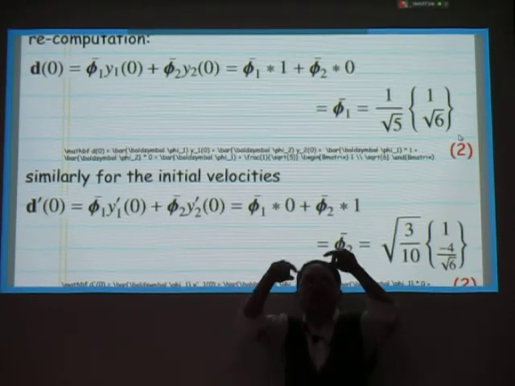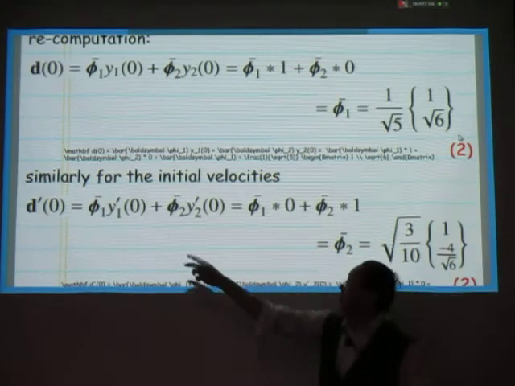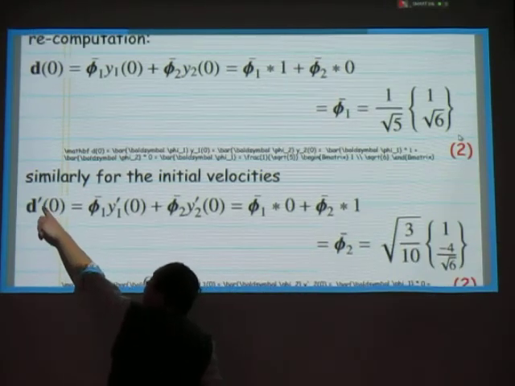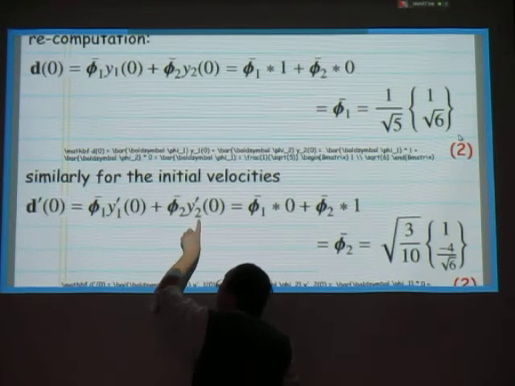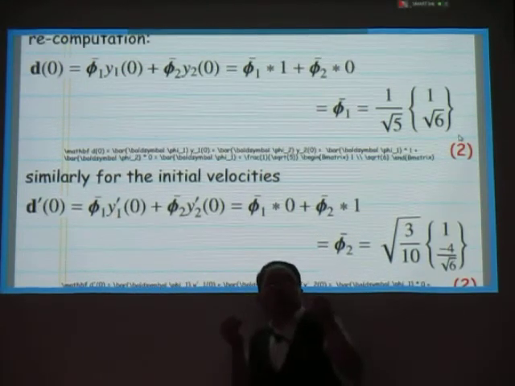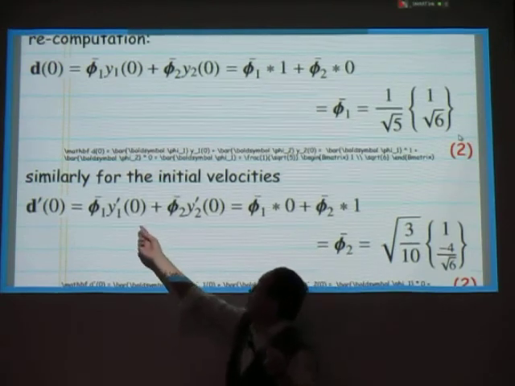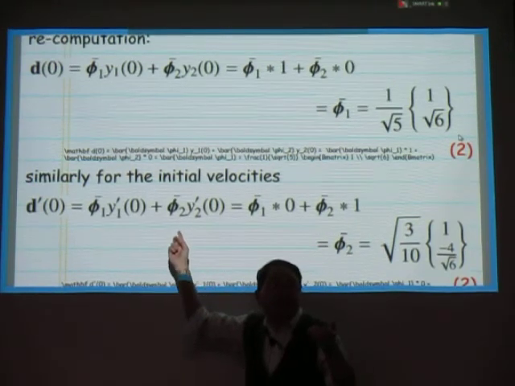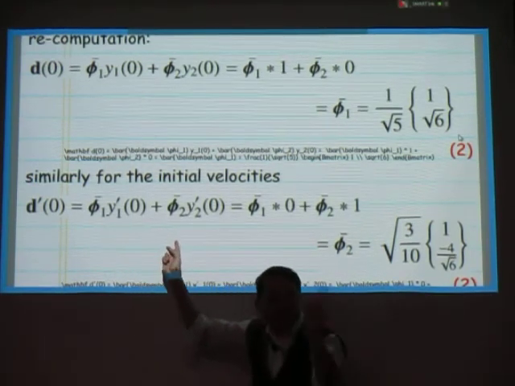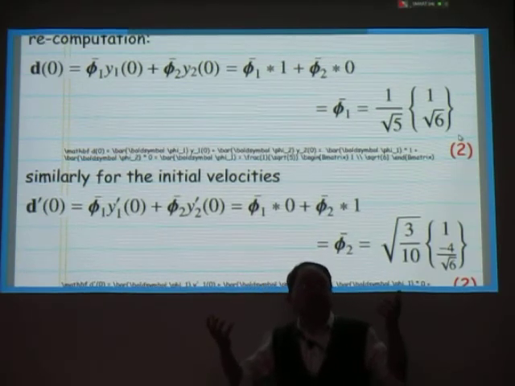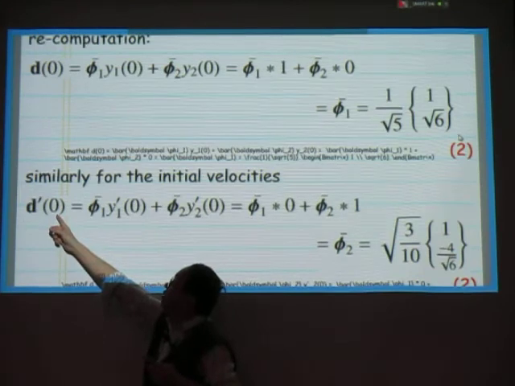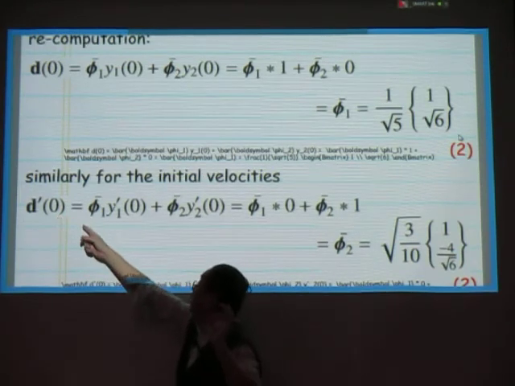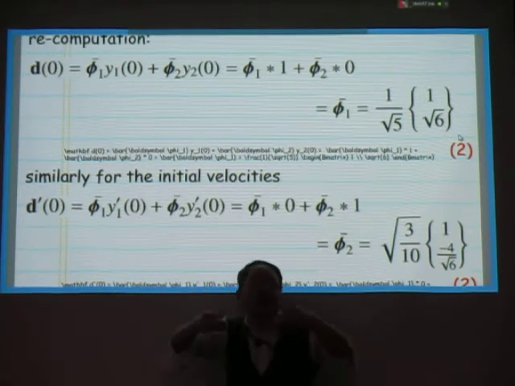You no longer need to write all of the details, because once you take the derivative, the derivative would only apply to the modal displacements, because only y1 and y2 are time dependent. The eigenvectors are not time dependent; they are constant matrices. And then you just replace time t by 0.